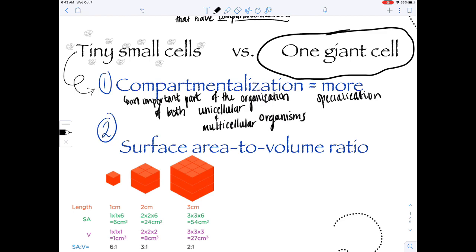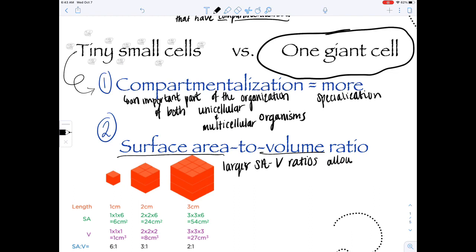That means that we have more specialization. Compartmentalization is going to be an important part of the organization for both our unicellular and our multicellular organisms.